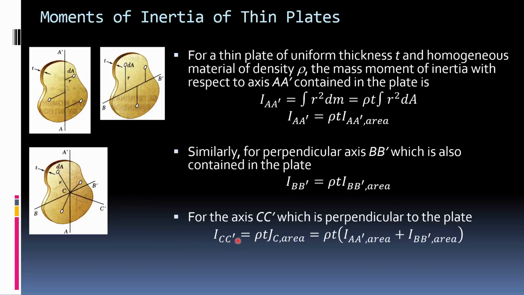So I_CC is going to be the density times the thickness, but now it's times the polar moment of inertia, and that makes sense, right? Because this is rotating. It's asking how much does it want to resist rotation around this axis, and so it's the polar moment of inertia that's going to be affecting that, which works out to be rho t times the area moments of inertia in x and y, right? That's what we talked about earlier on in these slides. The polar moment of inertia is just the sum of the x and the y moments of inertia, and so it's the same deal.